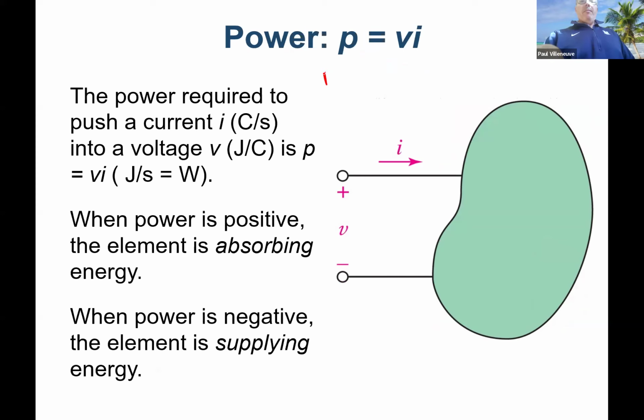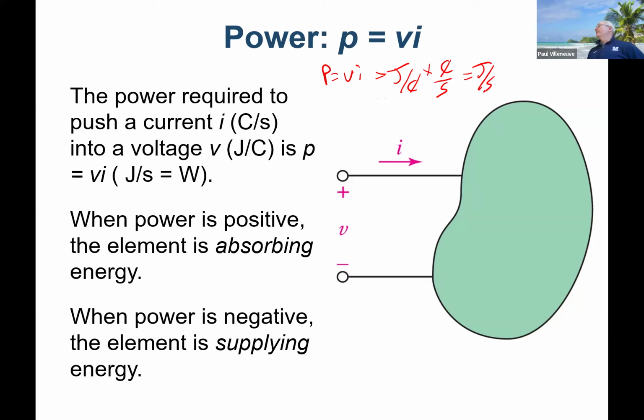My power equation is V times I, which is joules per coulomb times coulombs per second. Let's check our units. We know that power is the number of joules per second. Our coulombs will cancel out, and we are left with joules per second. Okay?